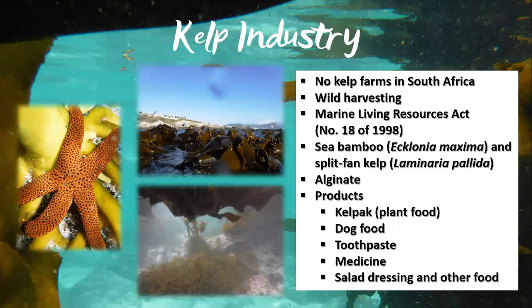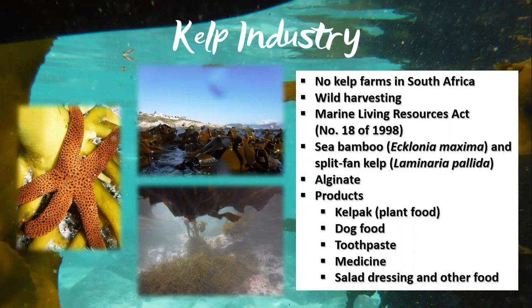All kelp in South Africa is wild harvested, and this is because there are no kelp farms in the country. This harvesting is controlled by the Marine Living Resources Act, and it targets two of our species. That's the sea bamboo and the split fan kelp, the two most common. Alginate is extracted and used in various products.